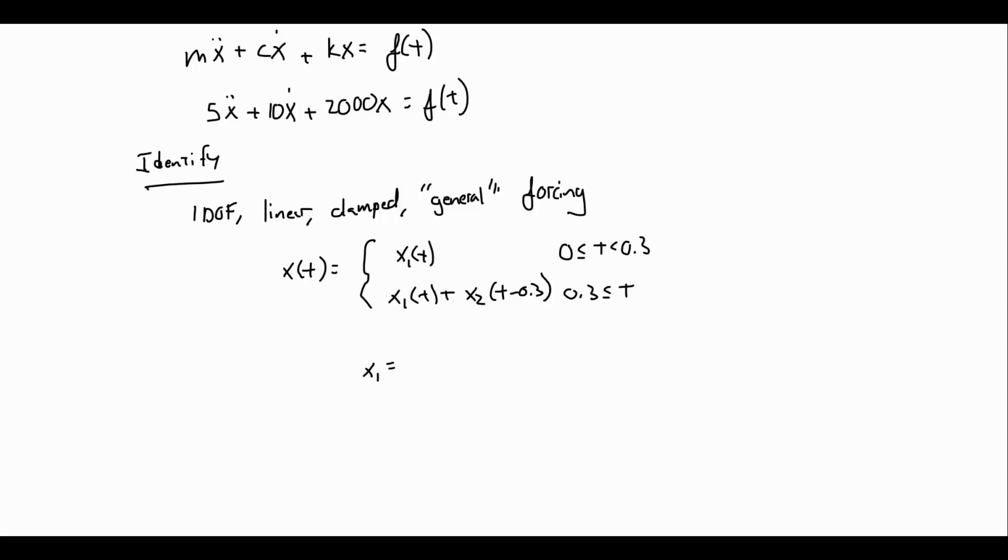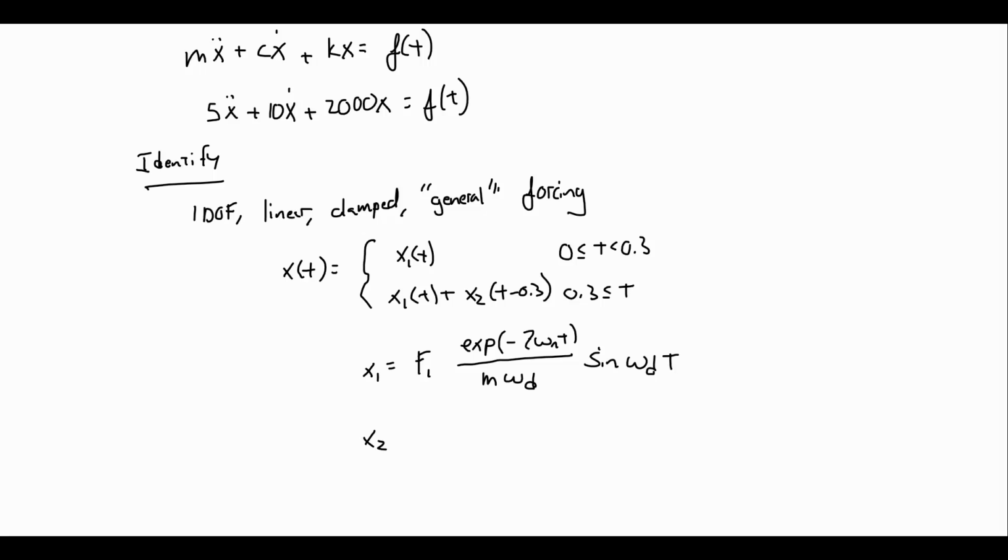So the general solution from an impulse is that it's going to be the force of that impulse times e to the negative zeta omega n t, over m times omega d, times the sine of omega d times t.